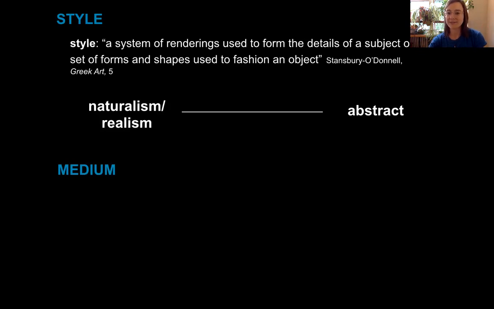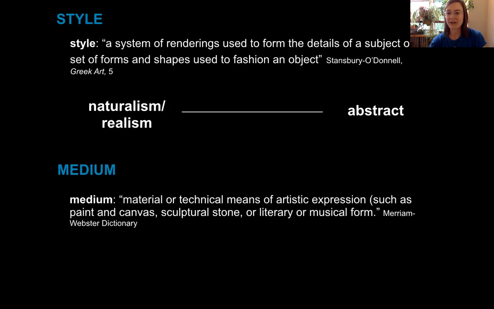Style is something you'll hear me talking about a lot with respect to this video. Style refers to the level of naturalism or abstraction. It's really hard to define, but I have a definition from one of the textbooks I've used, where Mark Stansbury-O'Donnell, who focuses on Greek art and narrative, writes that style is, quote, a system of renderings used to form the details of a subject and a set of forms and shapes used to fashion an object.